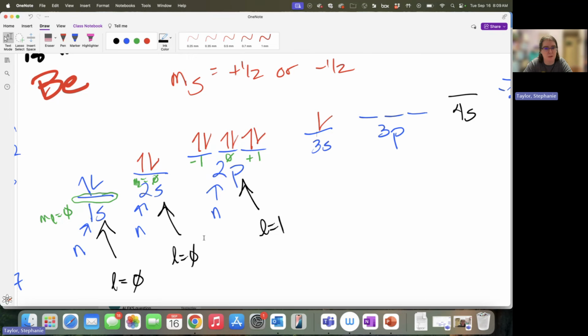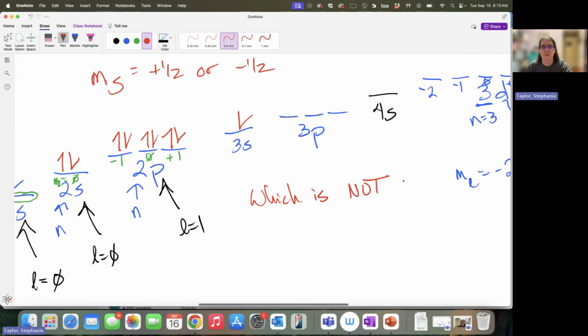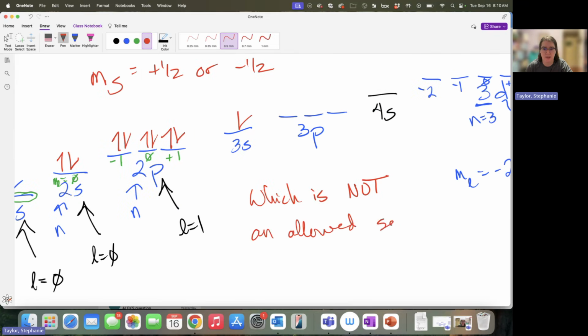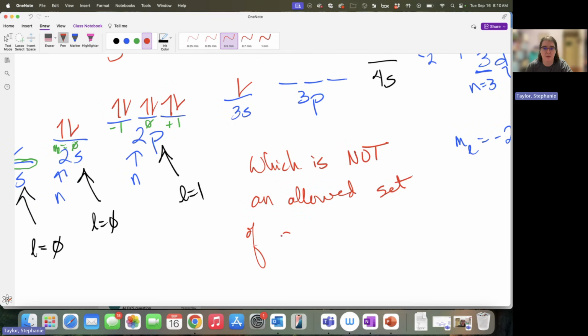So that's quantum numbers in a nutshell. One of the things this does mean is that we have a tendency to give you a set that is not an allowed set of quantum numbers.